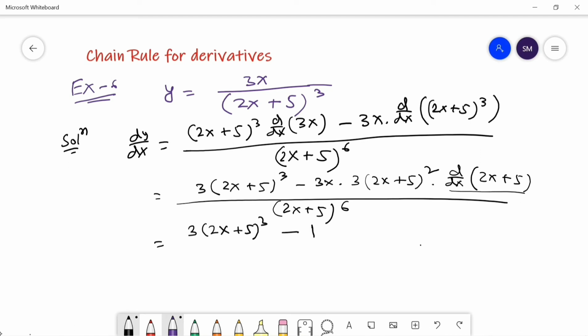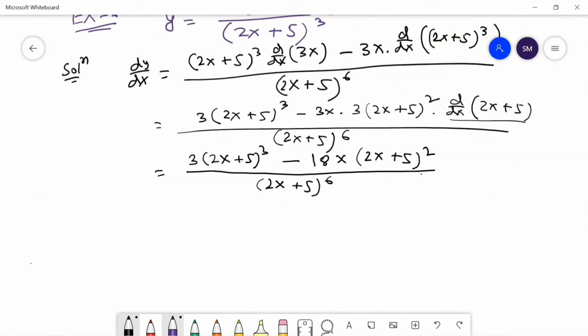So we'll have 18x and 2x plus 5 all square, over 2x plus 5 to the power 6.